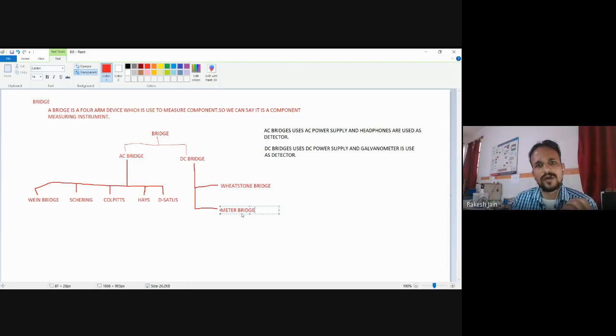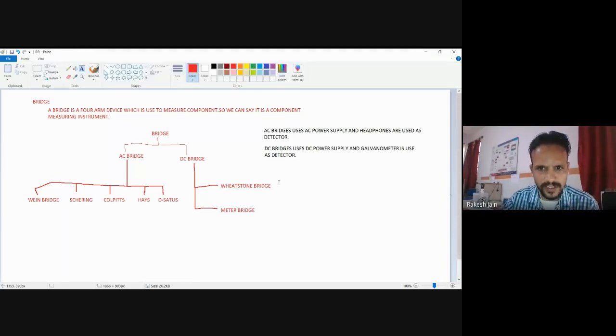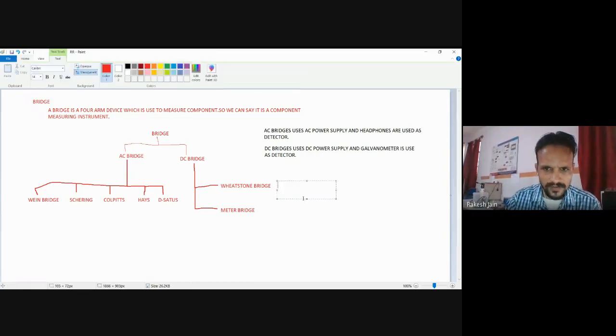Okay, so in our syllabus, first of all, we should talk about the DC bridges. Here, the different bridges are used for different functions. For example, the Wheatstone bridge is used to measure the unknown value of resistance.